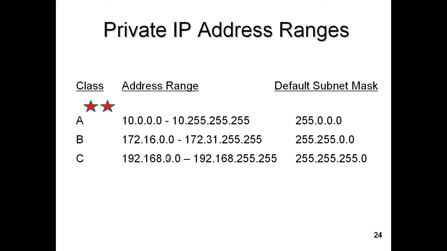Now, along with these classes, they set up what are called IP address ranges for private IP addresses. Private IP addresses would be for a private network or a local network. The reason for the private IP addresses is that packets in your local network should stay in your local network.